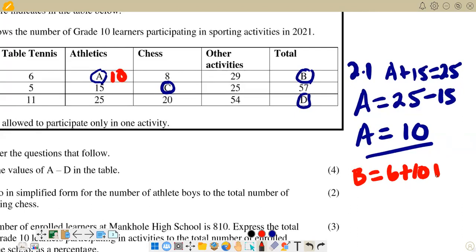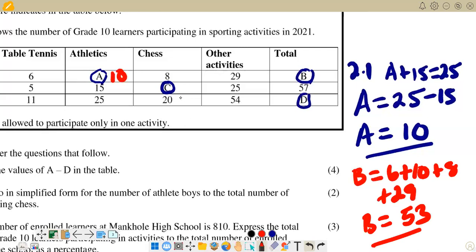Then we add our 29. In that way, we can get our total for B. So when it says 6 plus 10 plus 8 plus 29, our B now becomes 53. So this is our B.